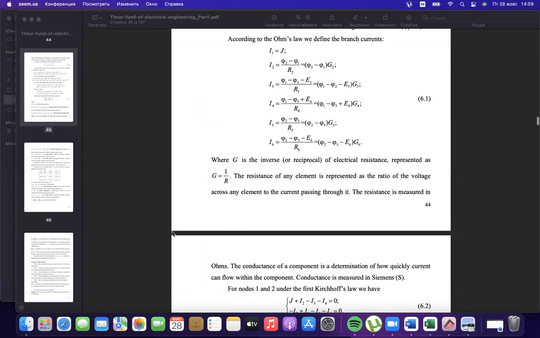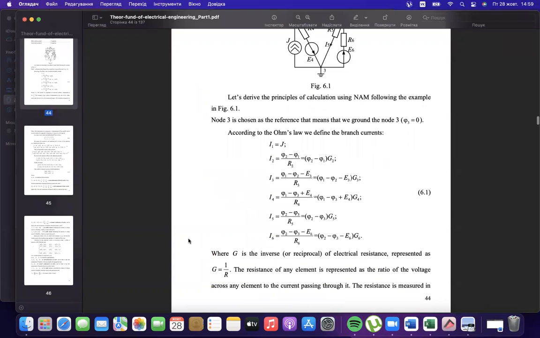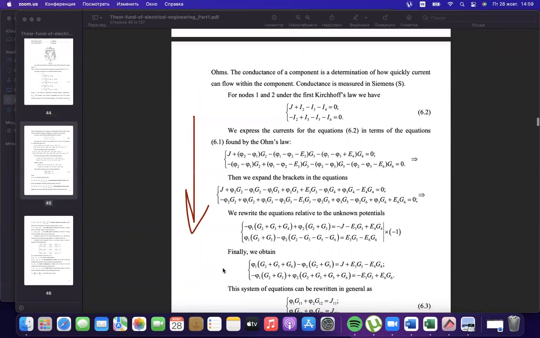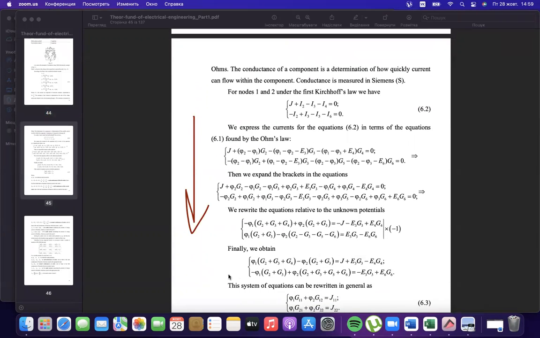As you see, we started here and moved further, and finished here. But we don't need to write everything previously. It is just an improvement of the implementation of the method.